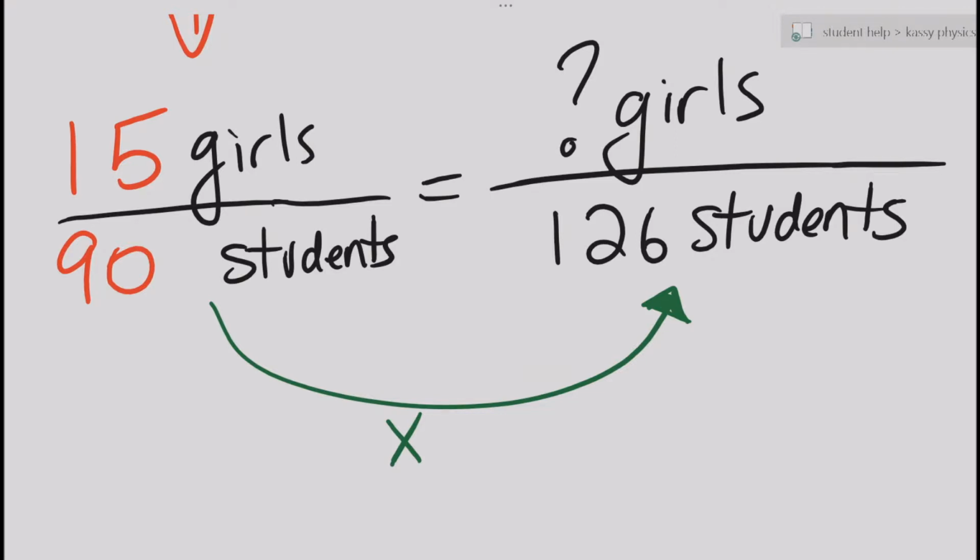Thinking proportionally, if we do 126 divided by 90, we get 1.4. That means we had to multiply this bottom fraction by 1.4 to make the new ratio. Again, we got that because 126 divided by 90 is equal to 1.4.